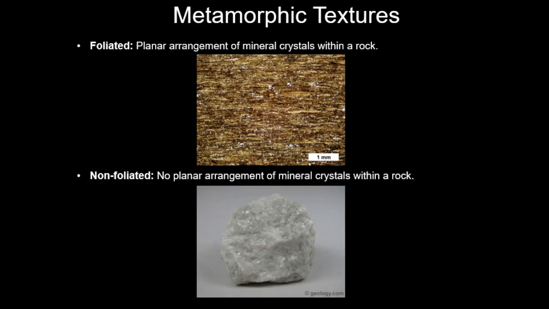Most igneous and sedimentary rocks have a uniform texture, as we have seen, where most of the grains appear not to be oriented one way or another, but rather random.